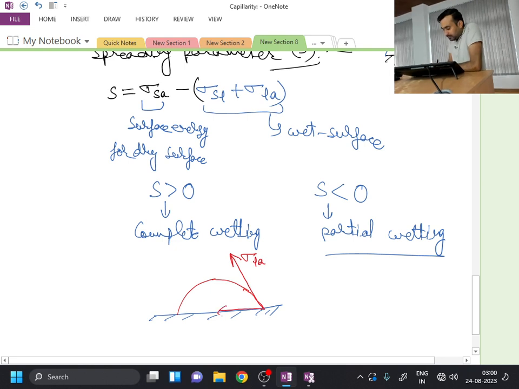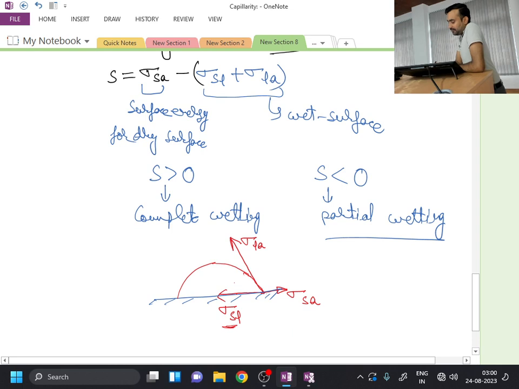Here there will be one sigma solid-liquid, and here there will be one sigma solid-air. Where we have contact between solid and liquid, there we will have interfacial tension between solid and liquid. Where we have solid and surrounding air, there we have surface tension between solid and air, and where we have the liquid-air interface, there we have surface tension between liquid and air.